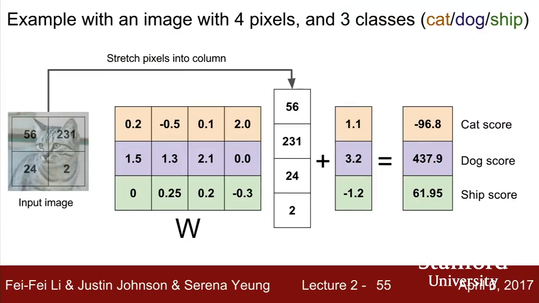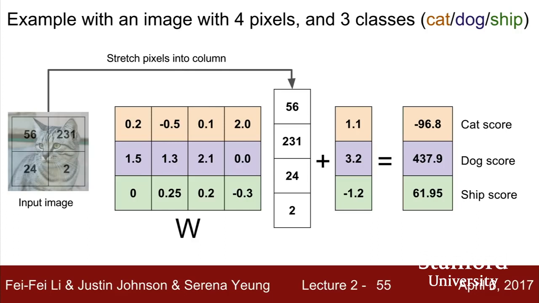So if you think pictorially about what this function is doing, in this figure we have an example on the left of a simple 2 by 2 image, so it has 4 pixels total. The way the linear classifier works is that we take this 2 by 2 image and stretch it out into a column vector with 4 elements.